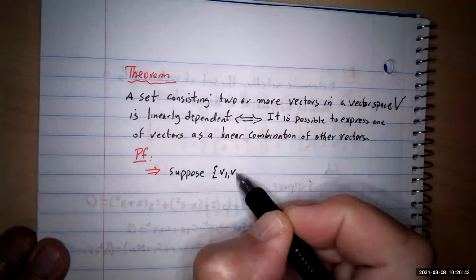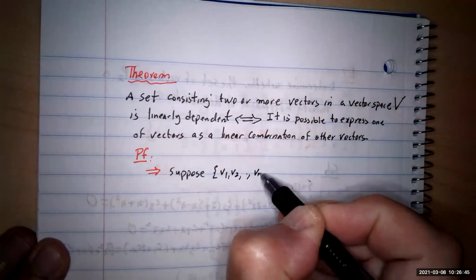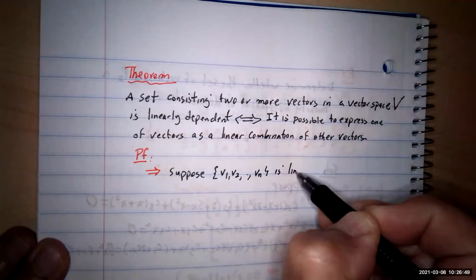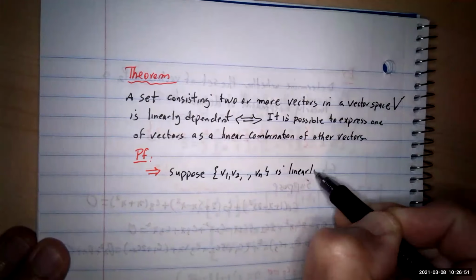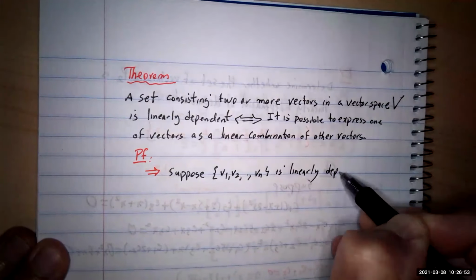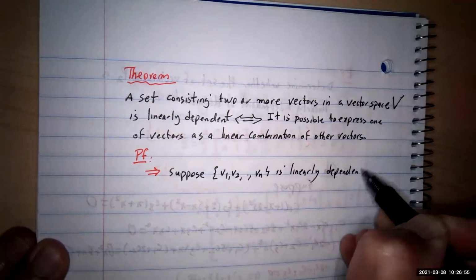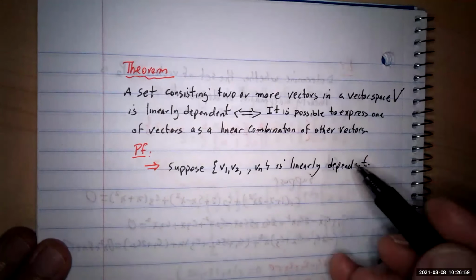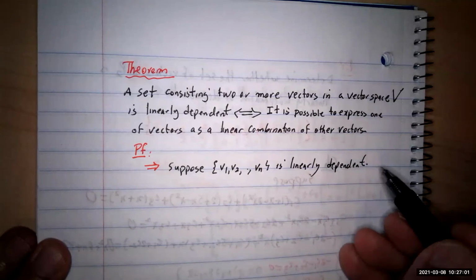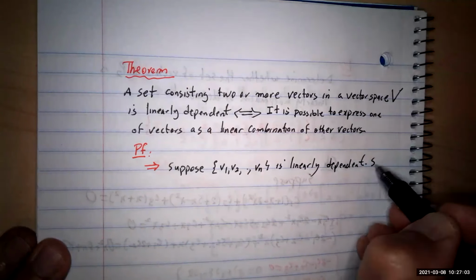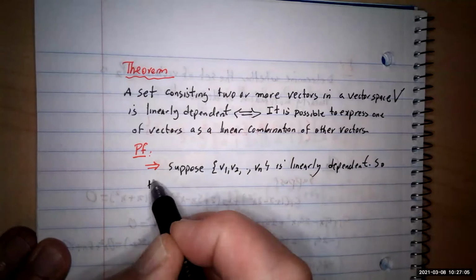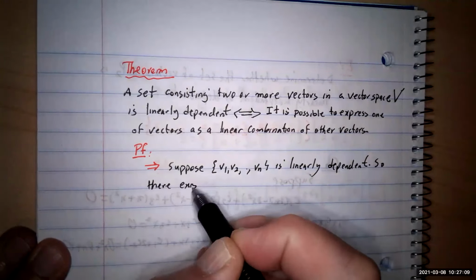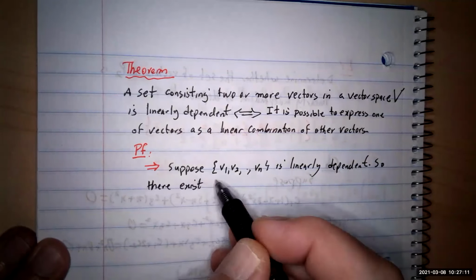Suppose V1, V2, up to Vn is linearly dependent. You know what that means? This means that there exist scalars.